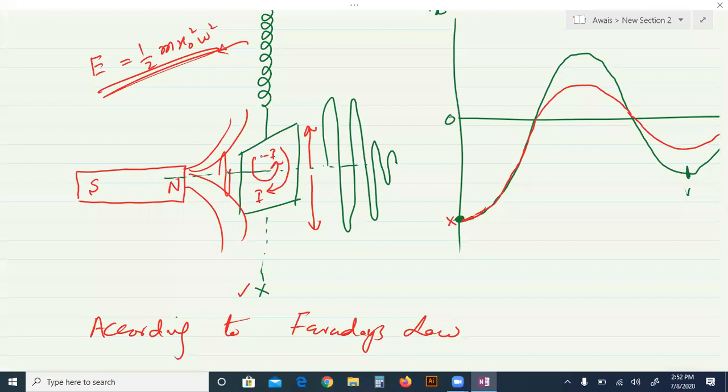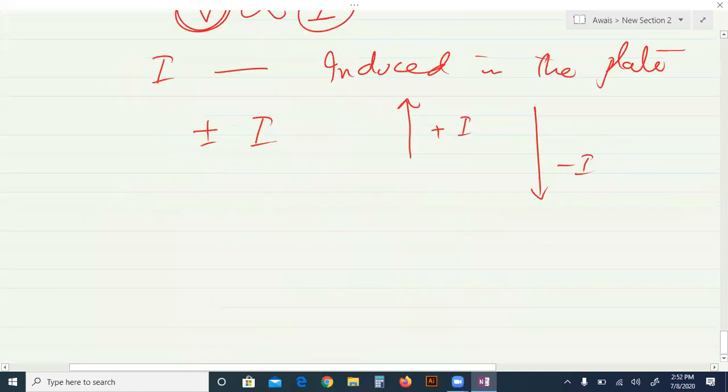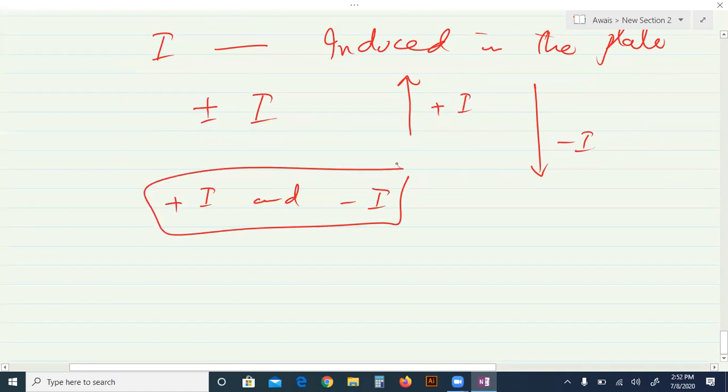There's no outlet, there's no circuit, so both currents, positive I and negative I, at the surface of the plate are neutralized.